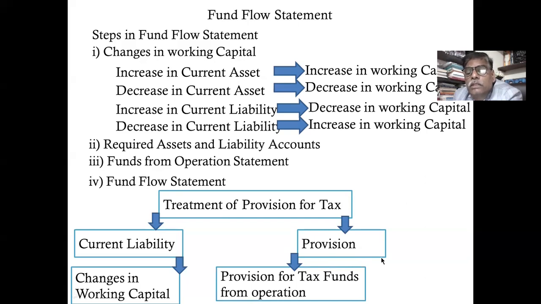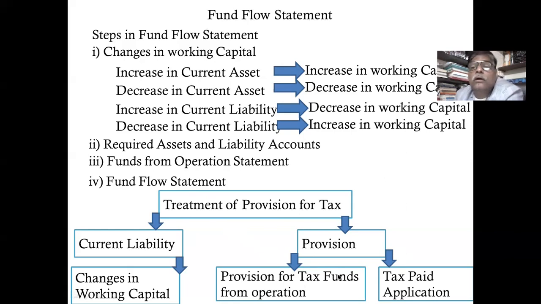And the second step: the current year tax paid goes to the application side, that means the fund flow statement. Provision for tax goes to the third statement, and tax paid goes to the fund flow statement. Remember this. These are the two.